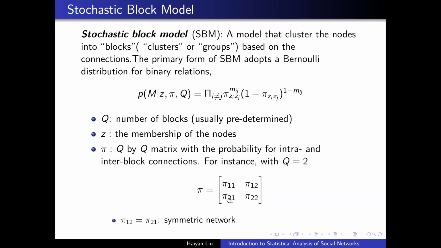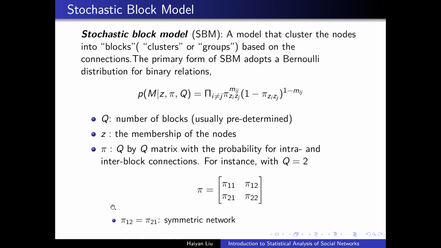For a node in class 2 connected to a node in class 1, it is also pi 1,2. For a symmetric relationship, a relationship that has no direction, pi 1,2 equals pi 2,1. Therefore, the stochastic block model assumes that the probability to connect purely depends on the class membership.